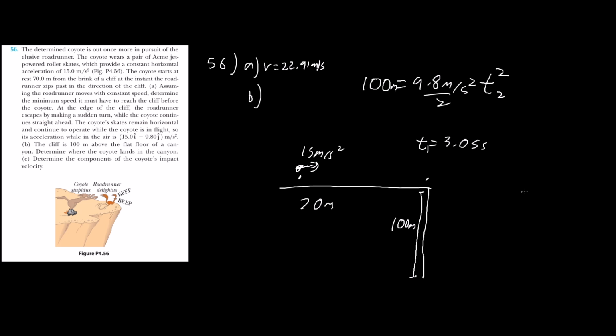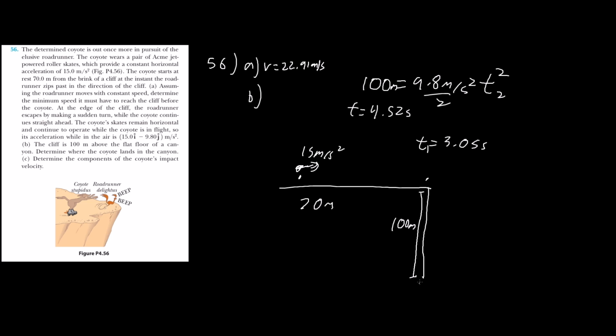All right, so the time it takes to get to this point after 3.05 seconds is going to be 4.52 seconds. So that's the time it takes for the coyote to hit the ground 100 meters below.